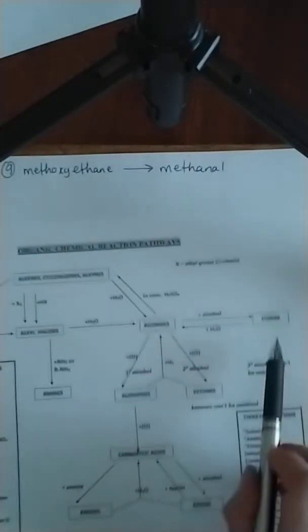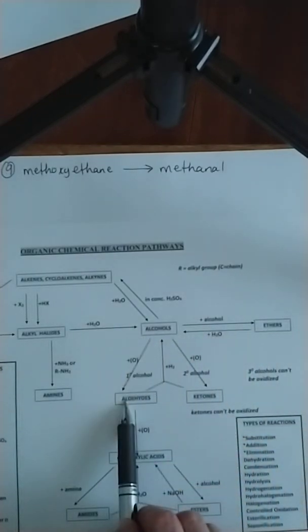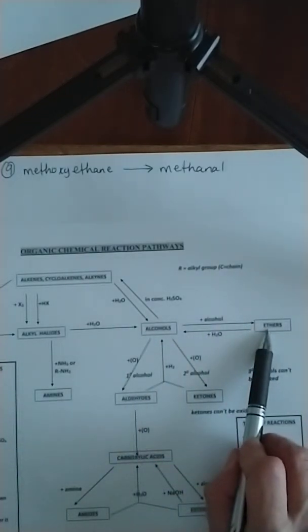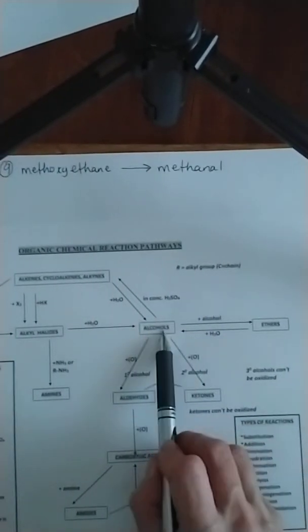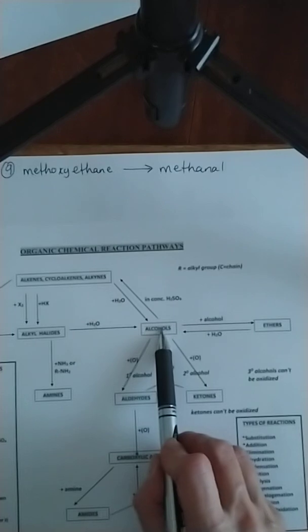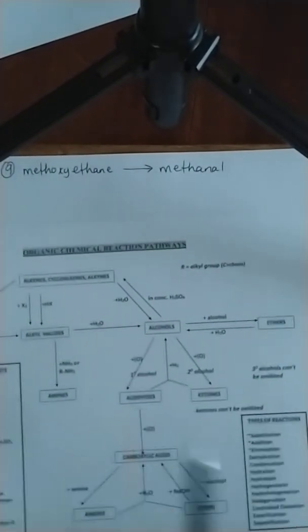So we are going to go from an ether to an aldehyde. To take the ether, we're going to add water, and we'll make 2 alcohols. We're going to take the parent alcohol, and we're going to undergo a controlled oxidation to turn it into an aldehyde.